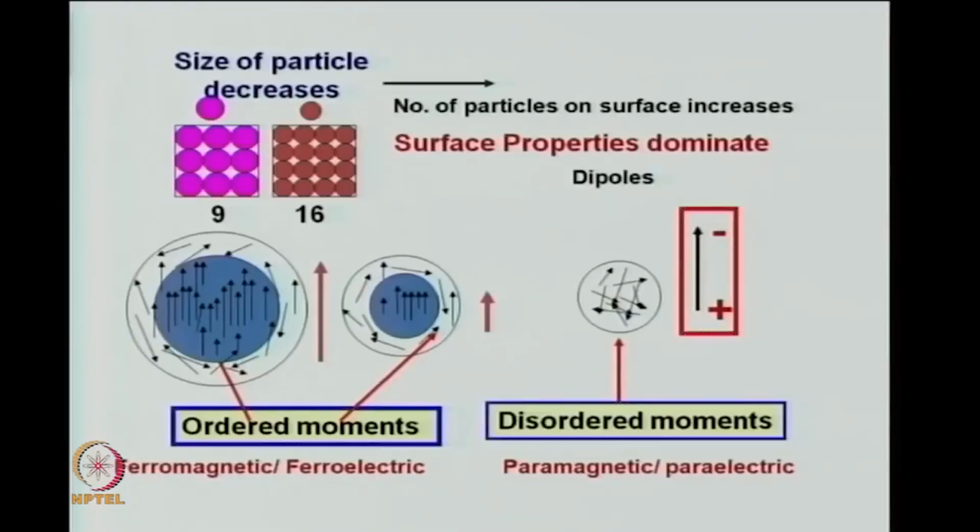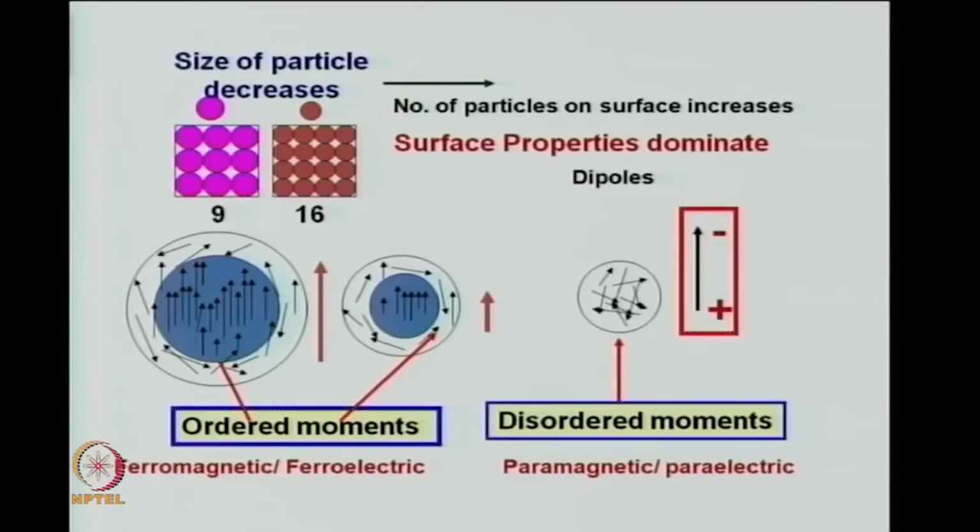So, as I explained to you why the properties of surfaces dominate as the size of the particle decreases, and the disorder of the dipole also increases as the size of the particle decreases.